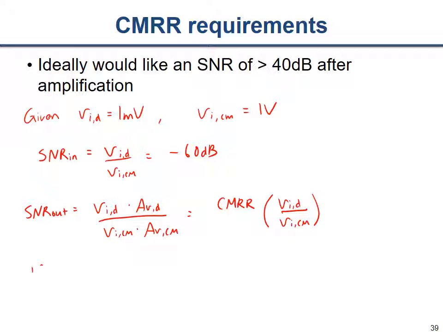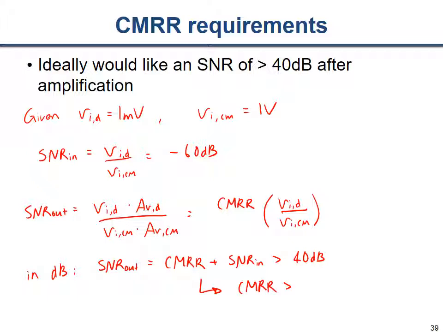In dB, SNR out equals CMRR plus SNR in, and this has to be greater than 40 dB, which means that we need a common mode rejection ratio of greater than 100 dB.